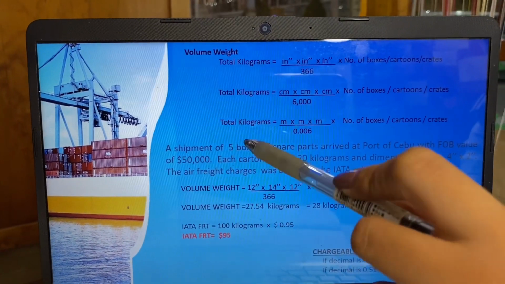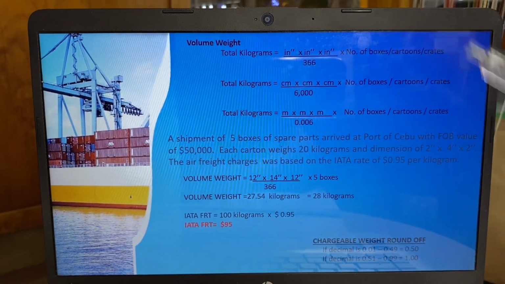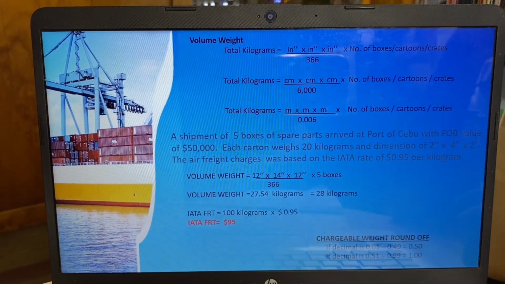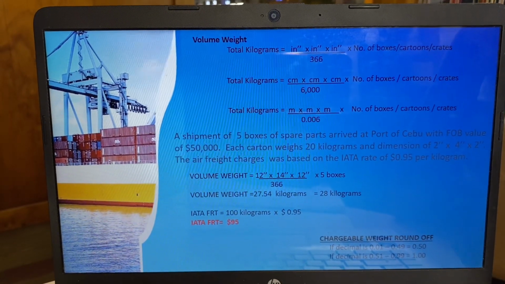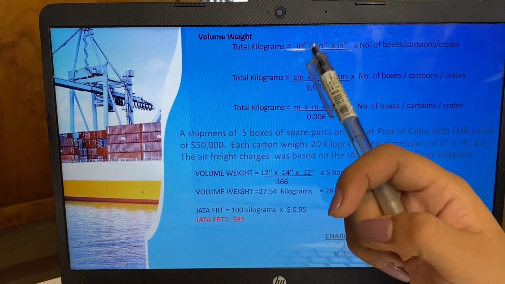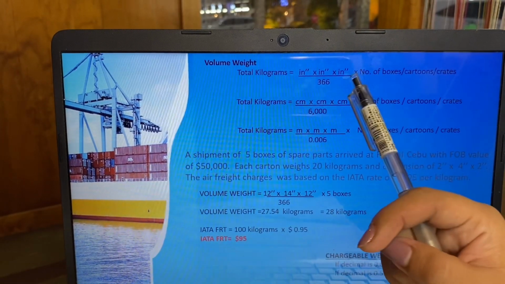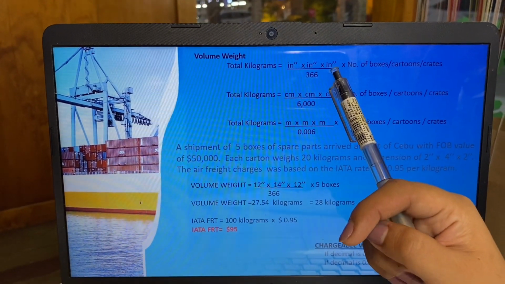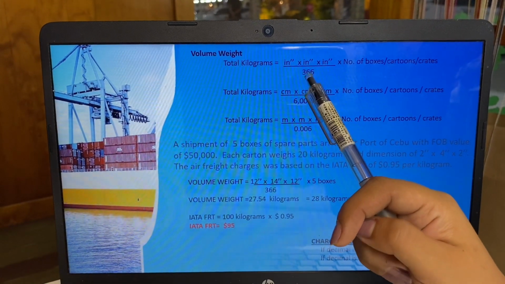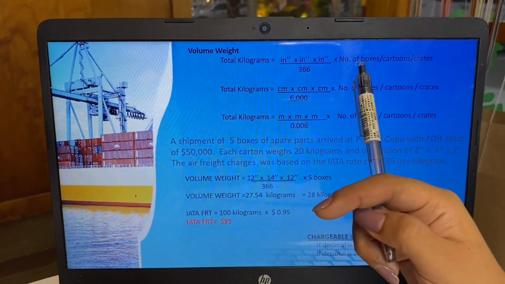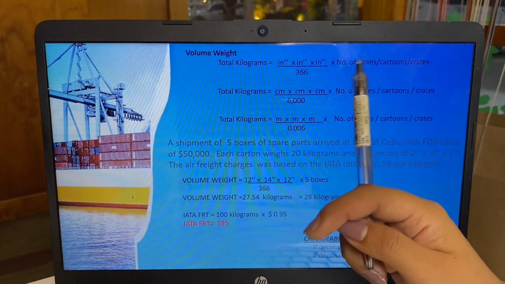In order for us to get the volume weight, there are many ways. In inches times inches times inches, we're going to divide it by 366 times the number of boxes or packing.